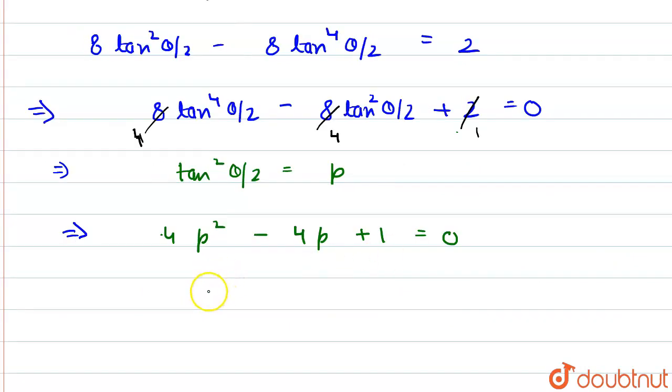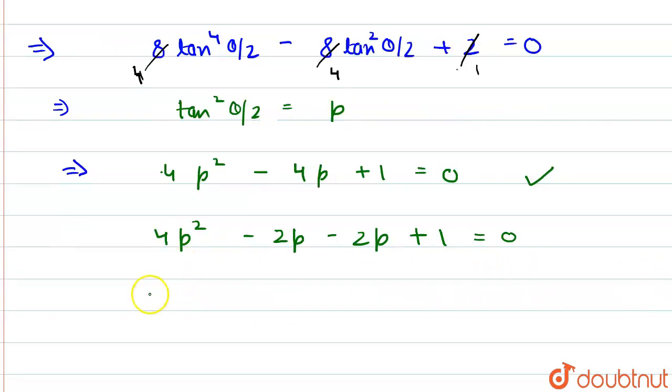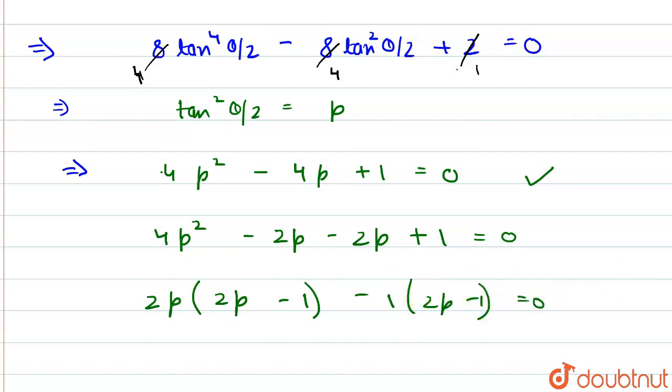So if I solve this quadratic equation using splitting the middle term, I can write this as 4p square minus 2p minus 2p plus 1 equal to 0. Now if I take 2p common, I will get 2p into 2p minus 1 minus 1 into 2p minus 1 equal to 0.